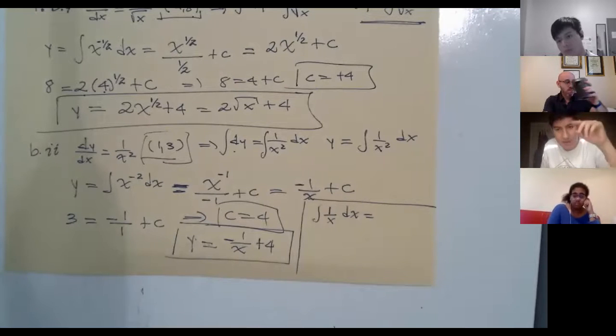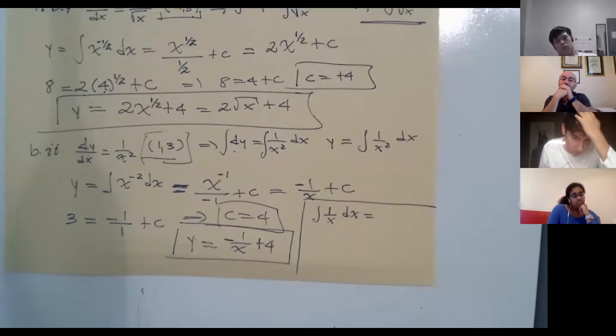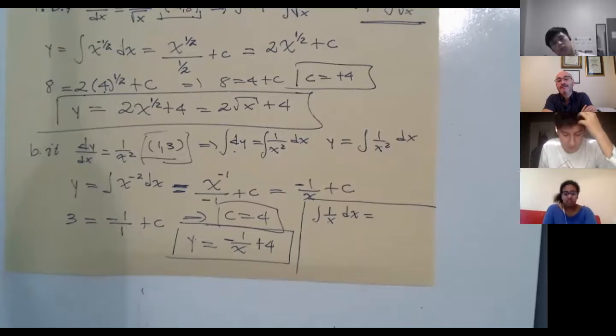So it'd be x to the -1, and then with the power rule, it'd be -1 plus 1, that'd be x to 0, which is strange. And then divided by 0. Can we do that? Probably not, no. So this actually is an exception to the rule.